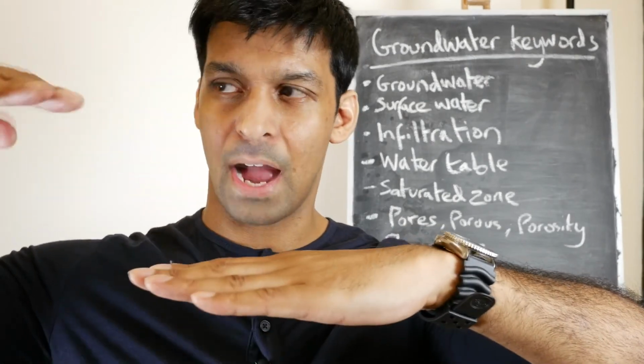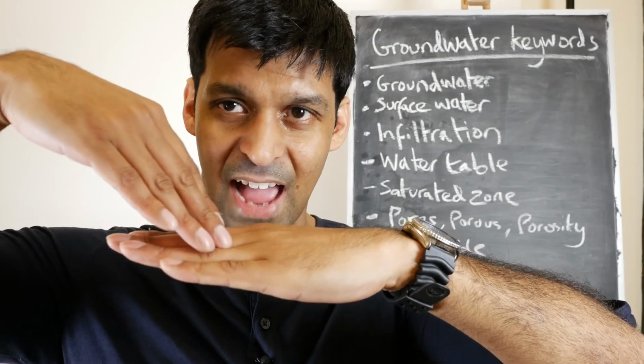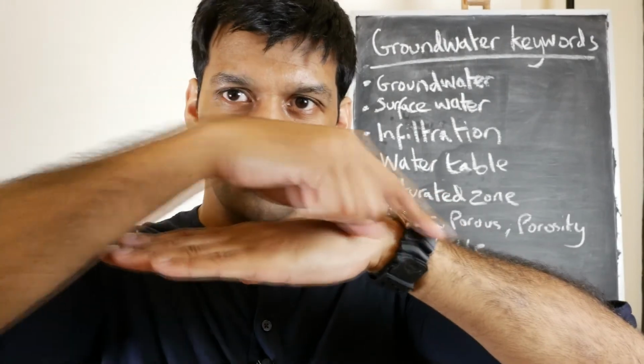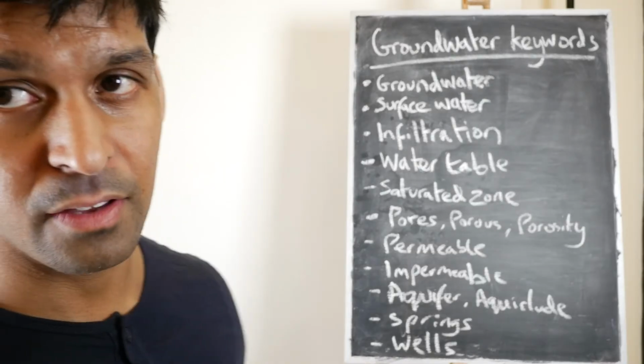So the water just flows down the hill. Once it hits the aquiclude, it can no longer go through it, so it just comes out onto the surface. So that would be a spring. It's a water flow from an aquifer onto the Earth's surface.